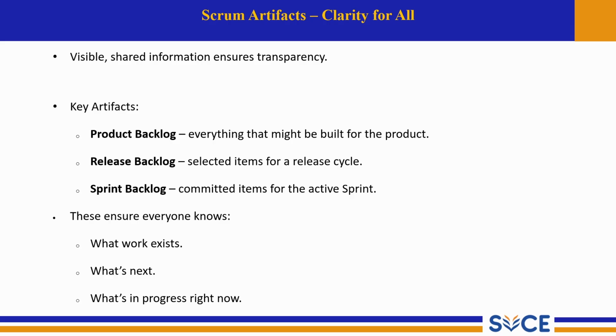Here are the key artifacts: product backlog, everything that might be built for the product; release backlog, selected items for a release cycle; and sprint backlog, committed items for the active sprint. So these ensure everyone knows what work exists, what is next, and what is in progress right now.